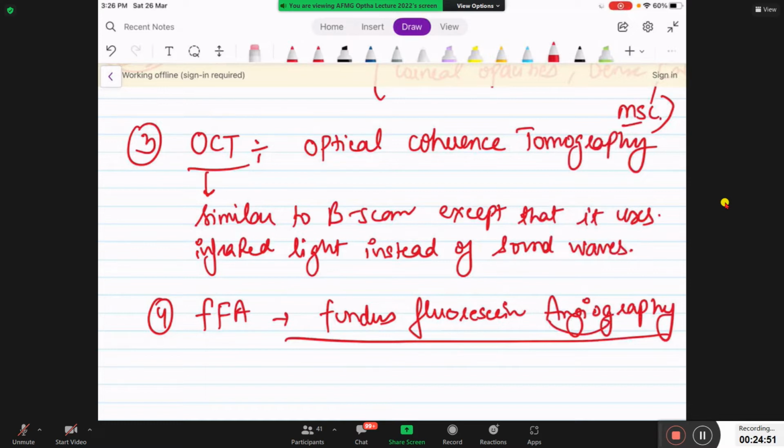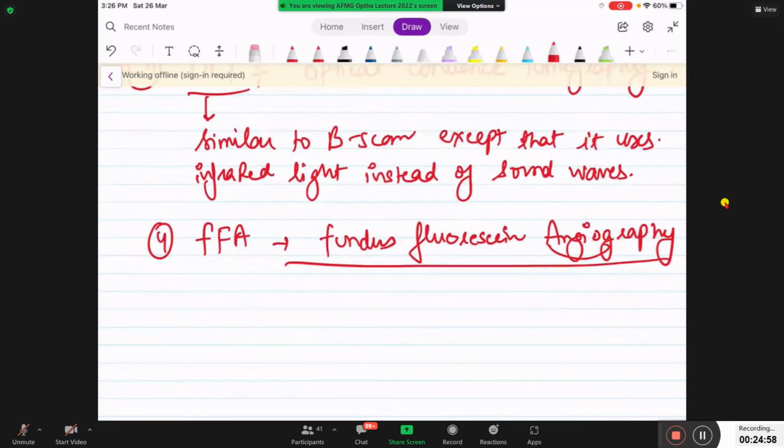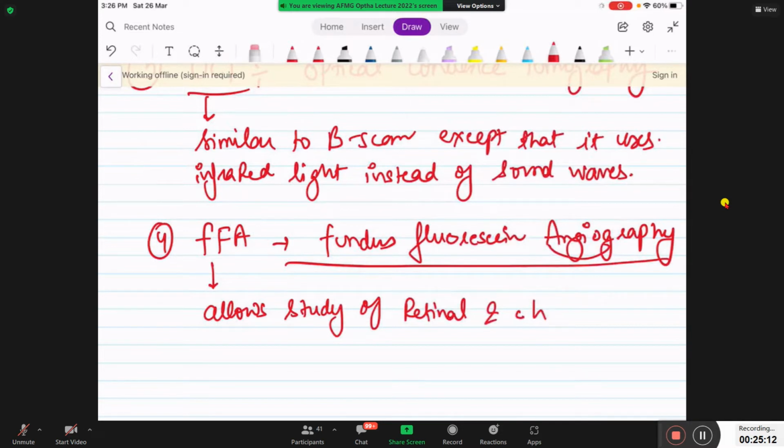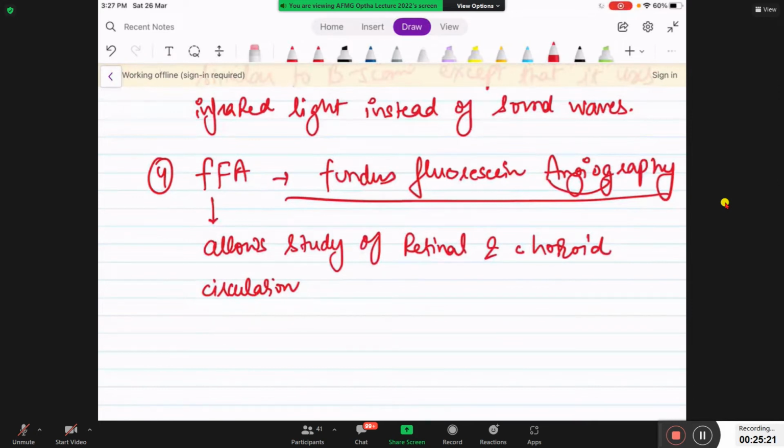So with the help of fluorescein dye, we are seeing the leakage in the capillaries. Okay. So write down, this FFA allows study of retinal and choroidal circulation.